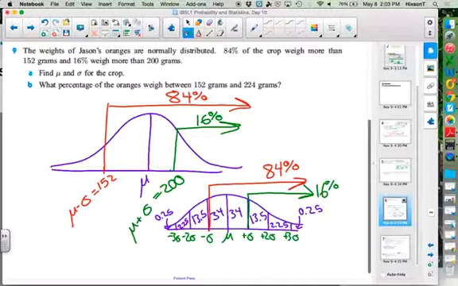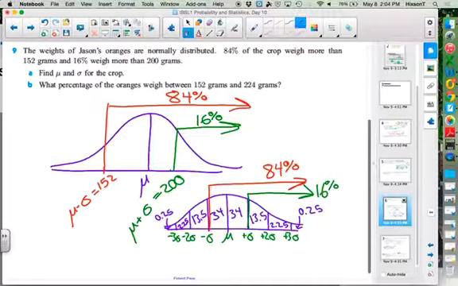Now, if you think about it logically, since it is 1 below and 1 above, we can figure it out logically too. How are we going to get our mean? Well, you can add the two numbers and divide by 2. If this is 1 below and this is 1 above, then if I average the two, I'll get right in the middle, I'll get the mean.